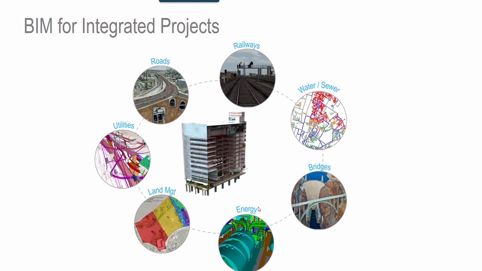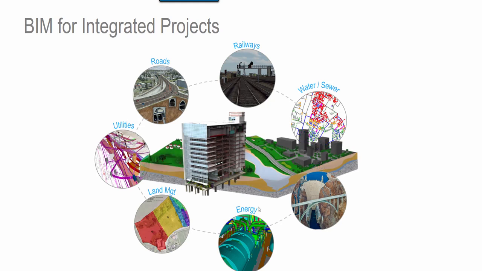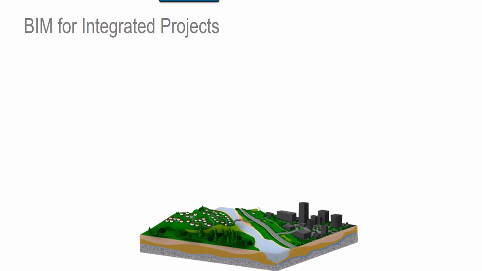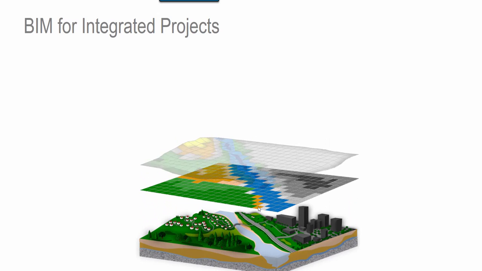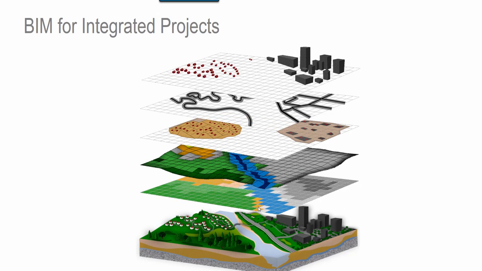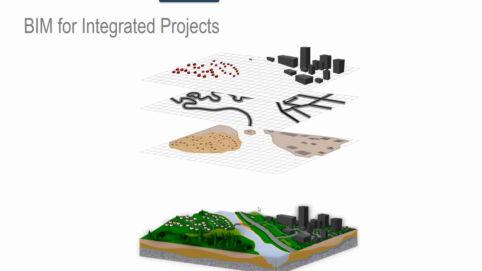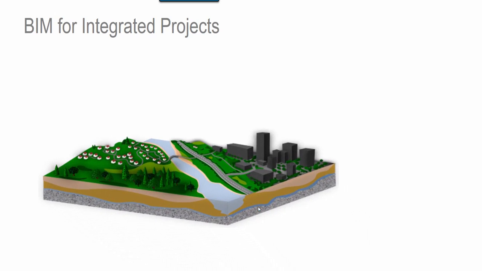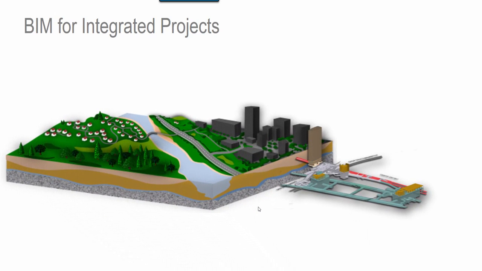So I wanted to start at the beginning. It's the best place I know to start, and discuss what we all do. As you see here on this slide, in terms of project delivery, in terms of design, any project that we work on doesn't exist by itself. A roadway doesn't exist alone. It exists on the earth, adjacent to a commercial site.